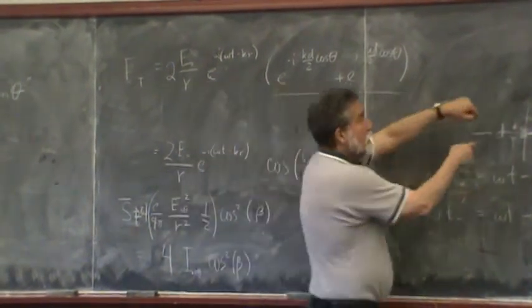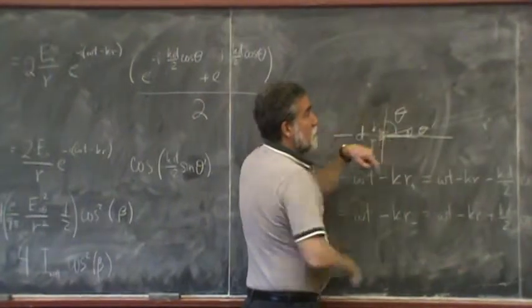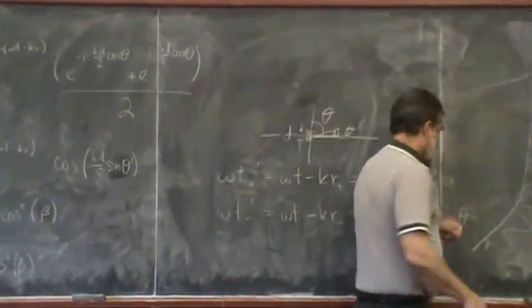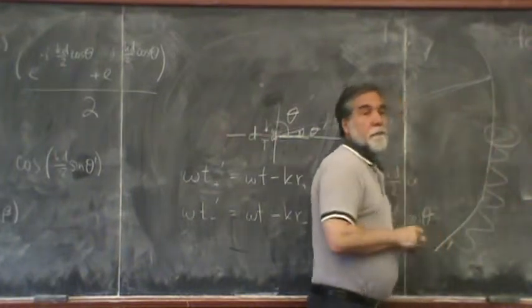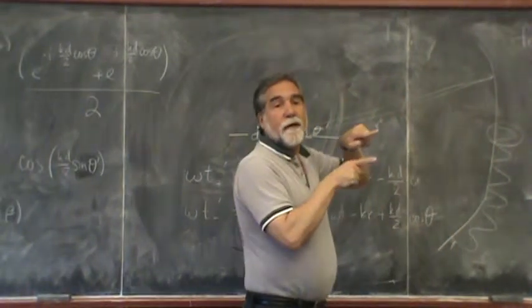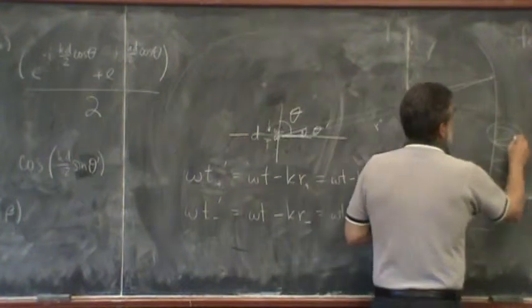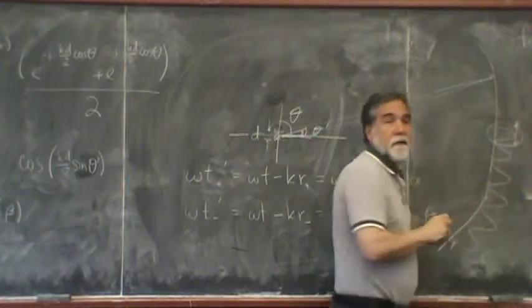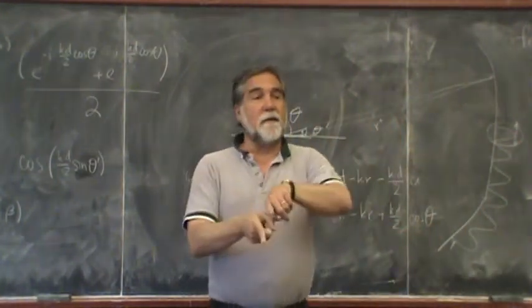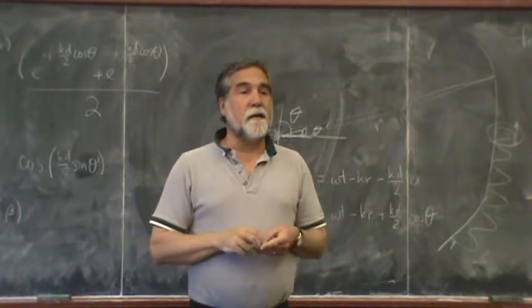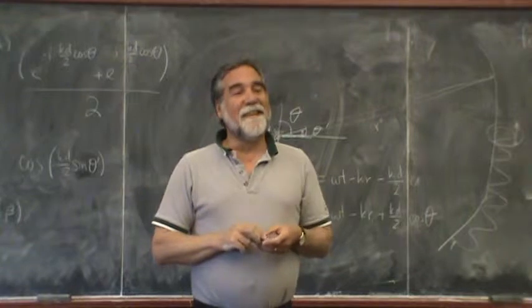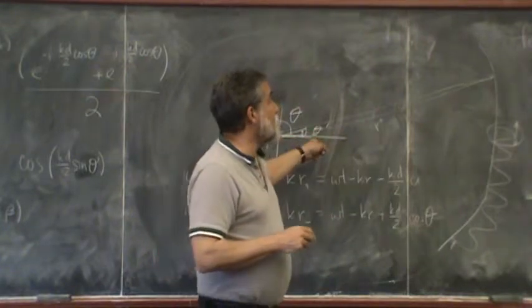So with two oscillators like this, if I had a maximum here when they're in phase, if I shift the phase a little bit, I can move the maximum this way or that way. So I can steer where the maximum is by changing the phase between the two points.